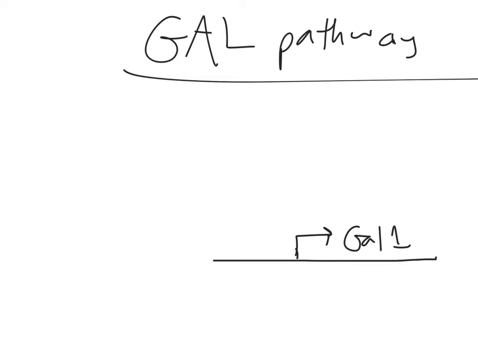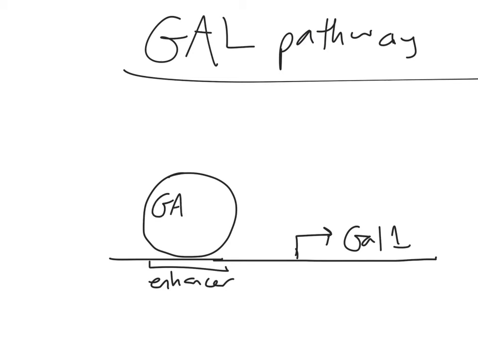What's the protein that will turn on transcription of gal1? What's the transcription factor, the regulatory protein that comes and binds an enhancer? Gal4. So we can have the protein Gal4, which will bind to the enhancer, and that positively regulates gal1.